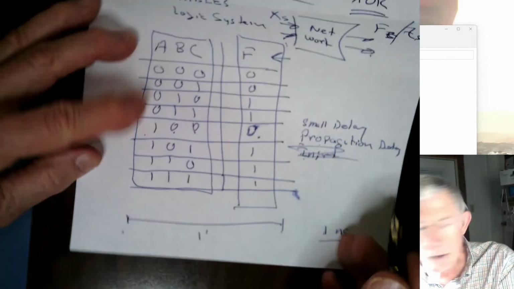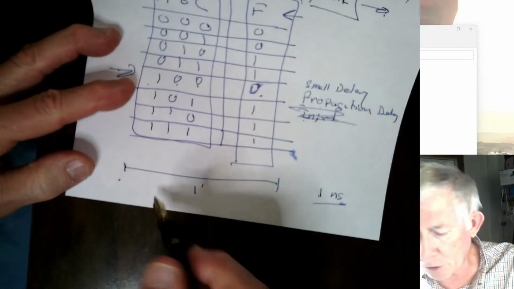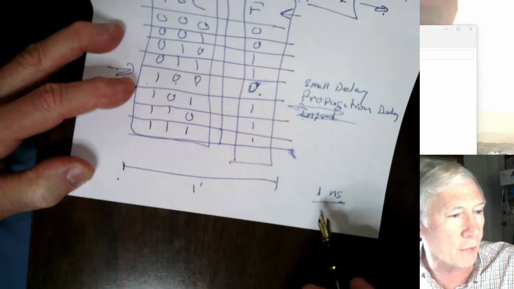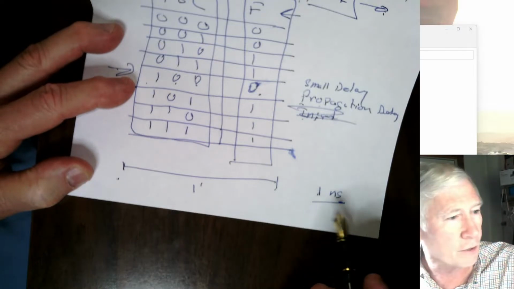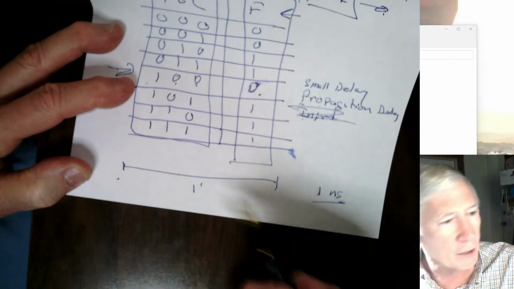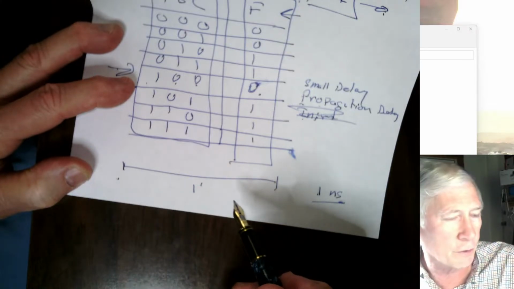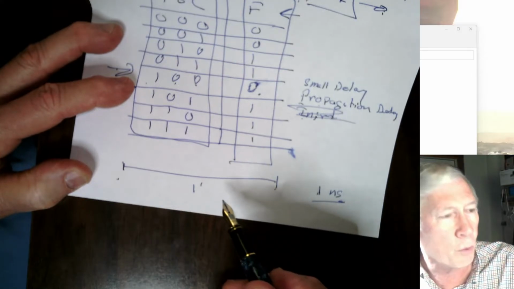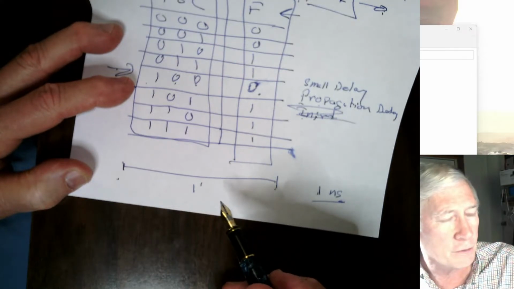So you can see, if you're dealing with dimensions on the order of inches, then the length of time it might take to go, say, 3 or 4 inches might be 300 or 400 picoseconds. So 0.3 nanoseconds.